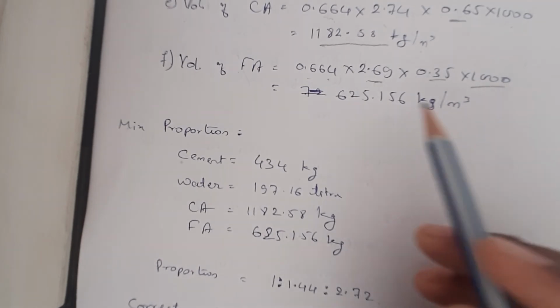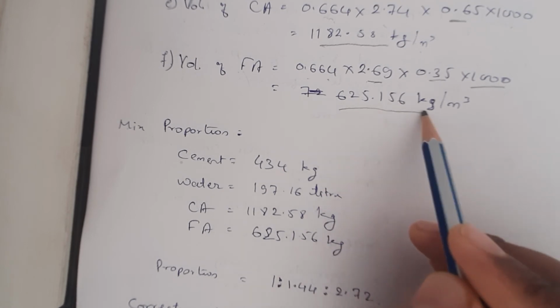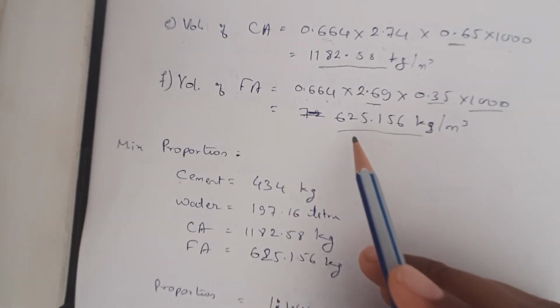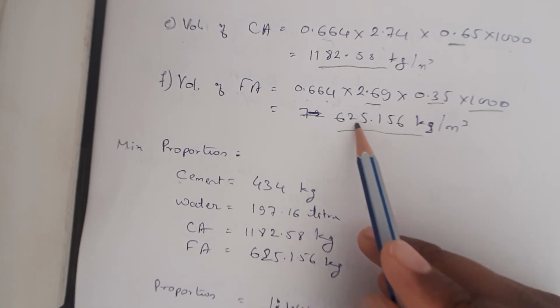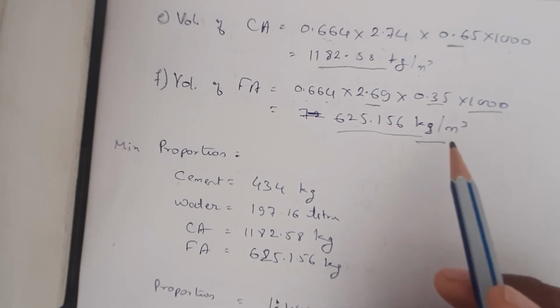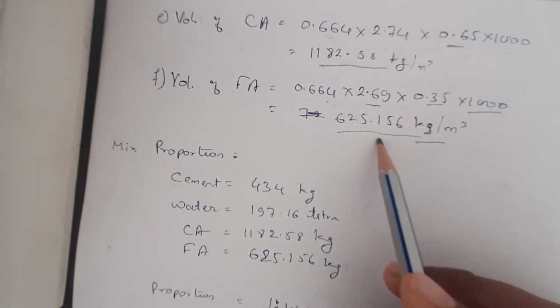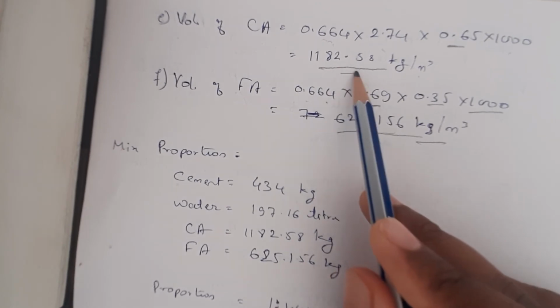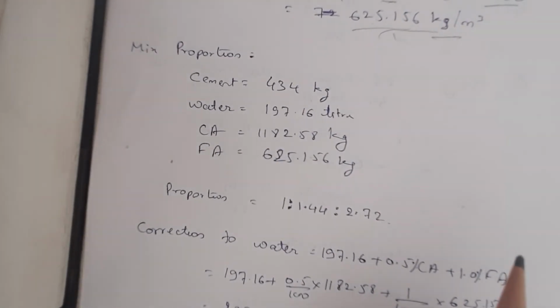So from this, I have calculated the value as 625.156 kg per meter cube. This is the total weight of the fine aggregate, and this is the total weight of the coarse aggregate required for 1 meter cube of concrete, right?